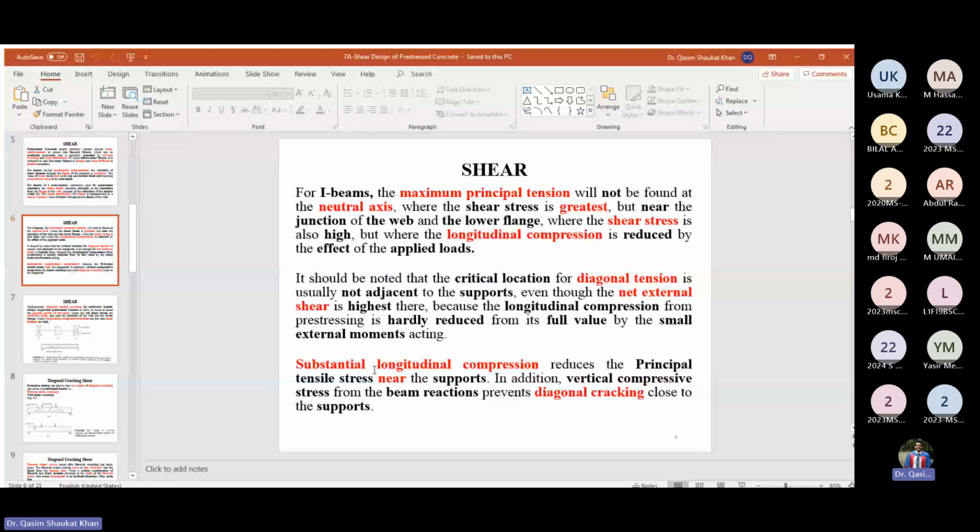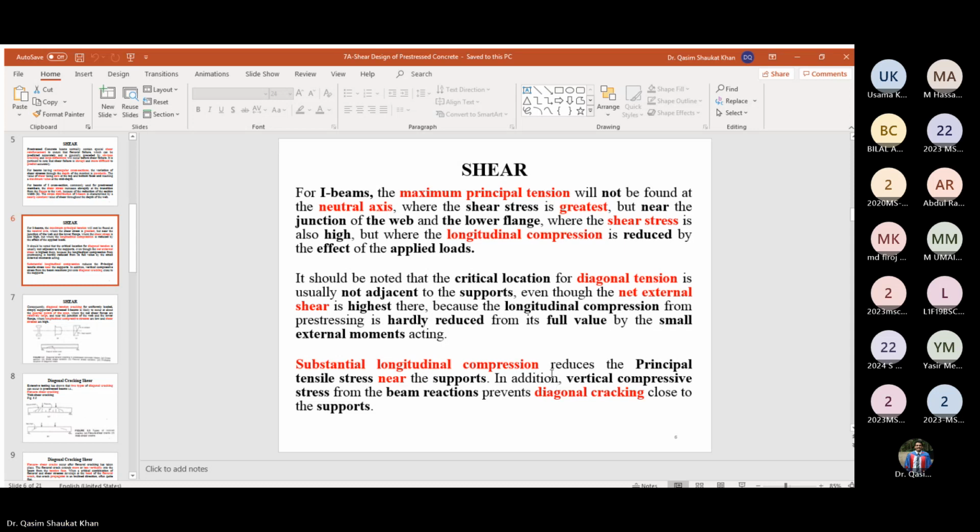So substantial longitudinal compression near the support ends reduces the principal tensile stresses near the supports. In addition, vertical compressive stress, that is the support reaction from the beam, prevents diagonal cracking close to the supports.